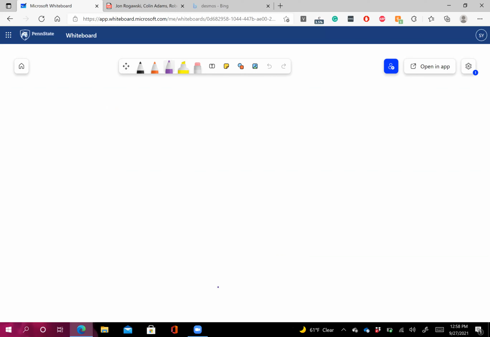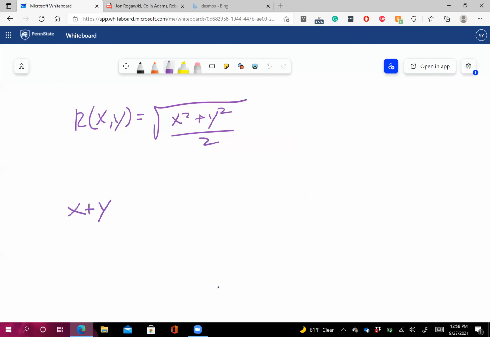Let's say we have r of x comma y is equal to the square root of x squared plus y squared over 2. And we want to show that this can be approximated by x plus y over 2 for x close to y.